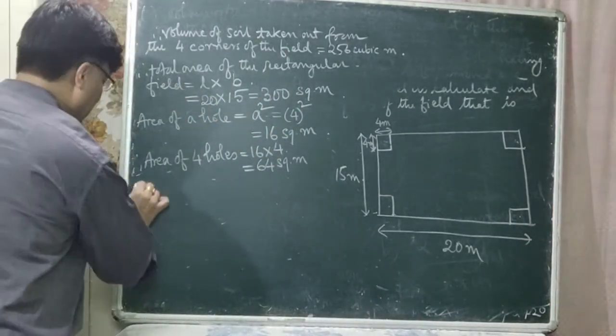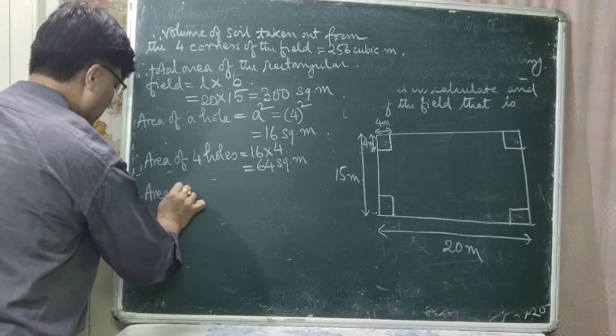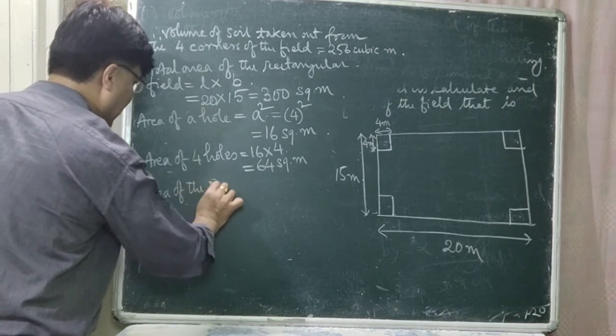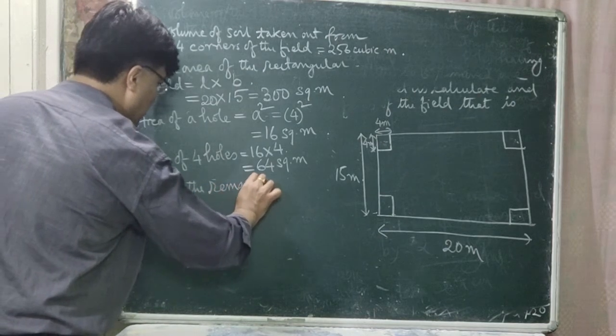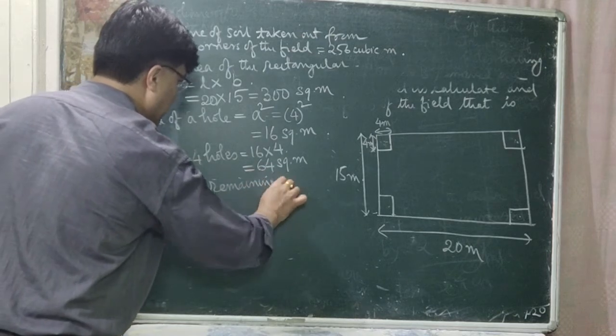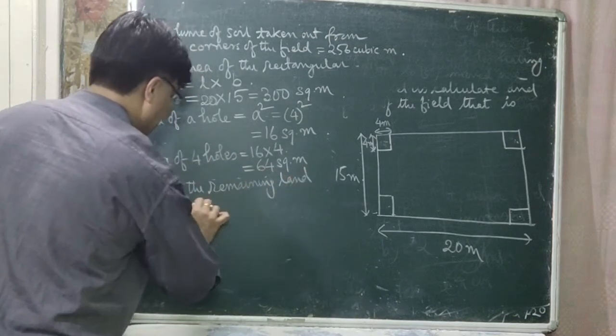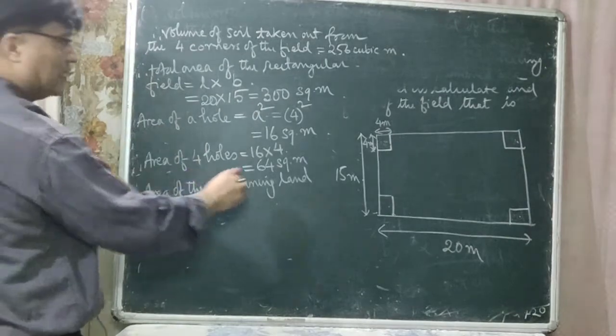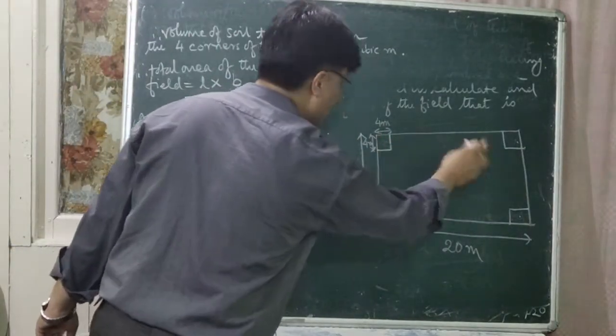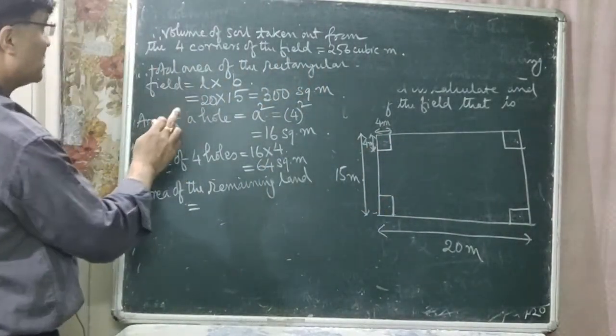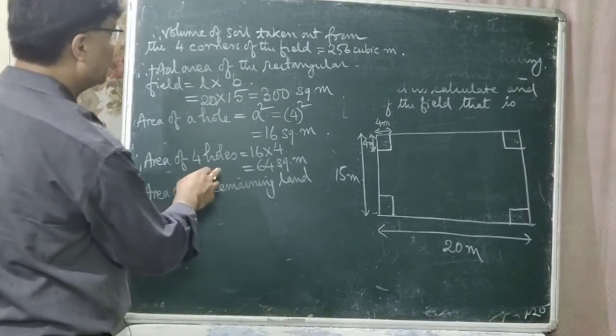So therefore area of the remaining land, now area of the remaining land is equal to this total area minus area of the 4 holes. What is the total area here?